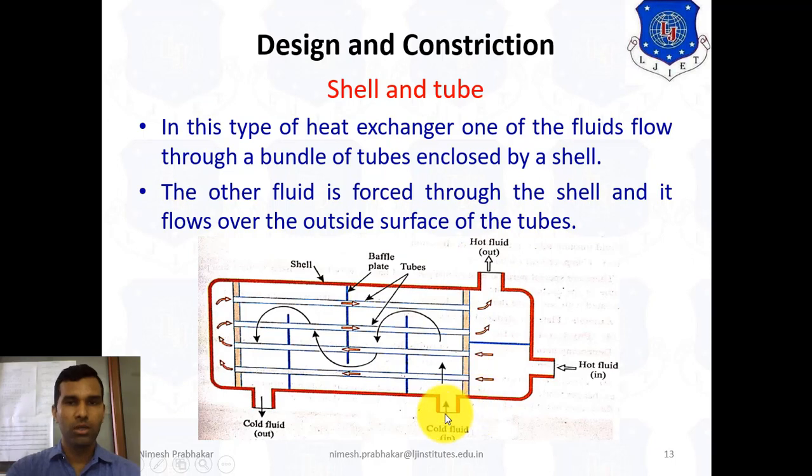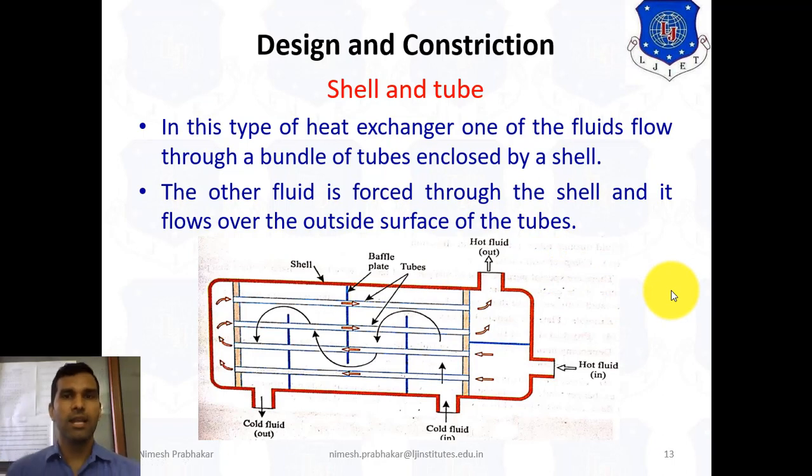And the cold fluid comes from here, flows like this and goes out from here. So here the hot fluid flows in the tubes and the cold fluid flows surrounding the tubes and transfers heat energy. So this is a simple shell and tube type heat exchanger.